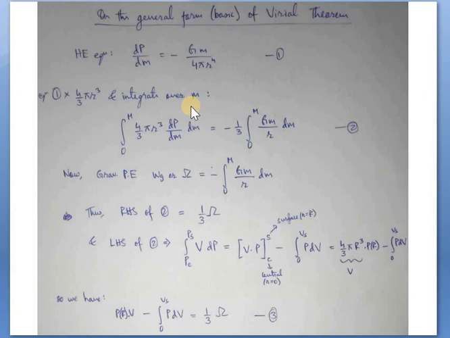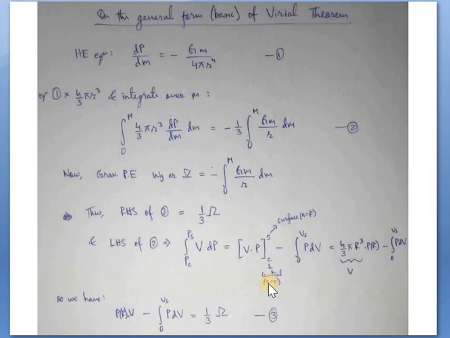remembering that the gravitational potential energy omega g or omega is equal to this, then you see the right hand side of this equation 2 is just 1 by 3 of gravitational potential energy, whereas the left hand side can be evaluated like this, where we have considered the limit at both the central and the surface values.